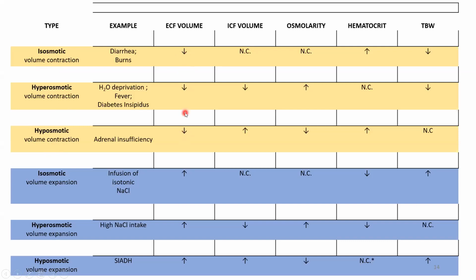Okay, so this is not rocket science here. Yellow stuff is basically decreasing ECF volume. But let me complete this argument first. The blue stuff is increase in ECF volume, so volume expansion. As you see, the name is connected with ECF.